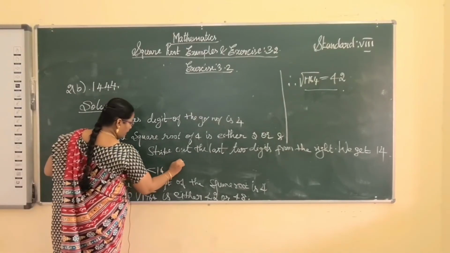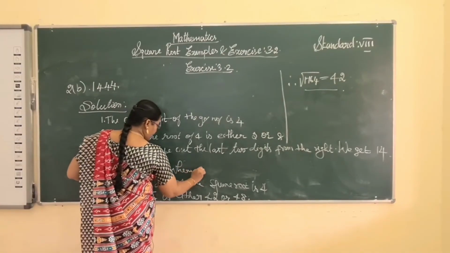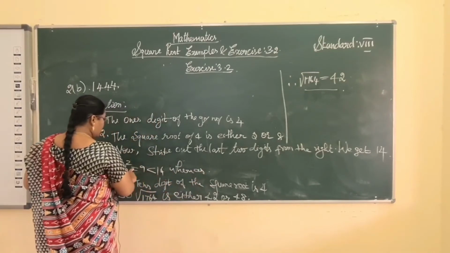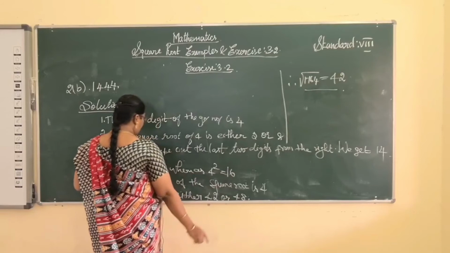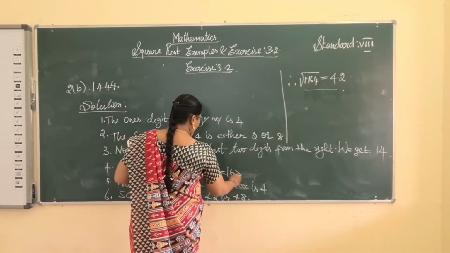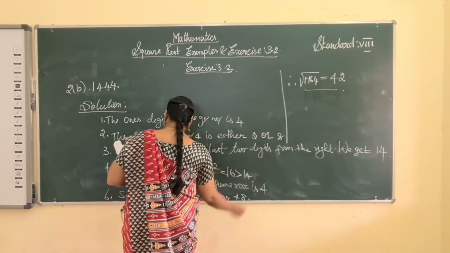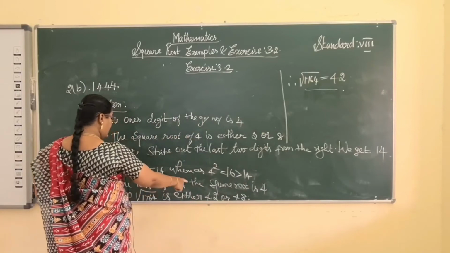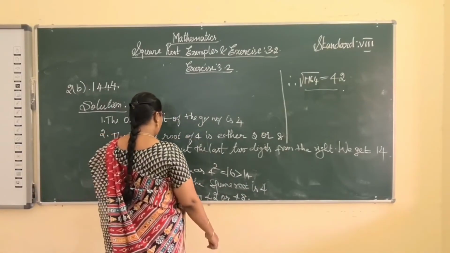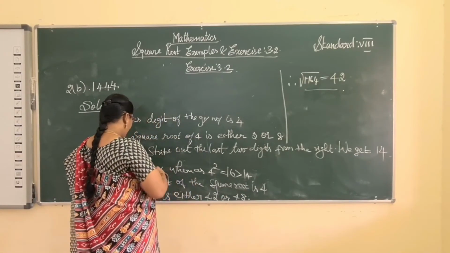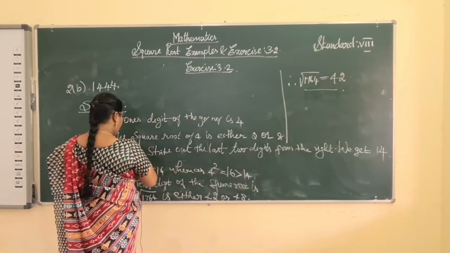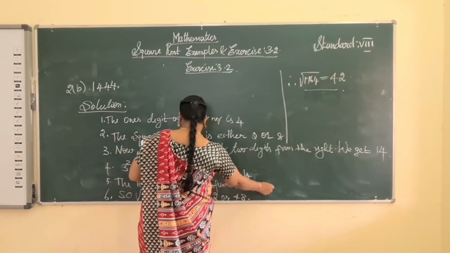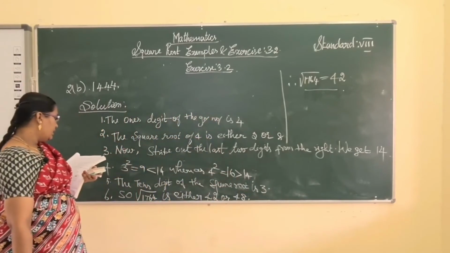And then with the same method, the next one, 4 square. What is the 4 square value? 16. 16 is greater than 14. Therefore the tens digit of the square root is 3.